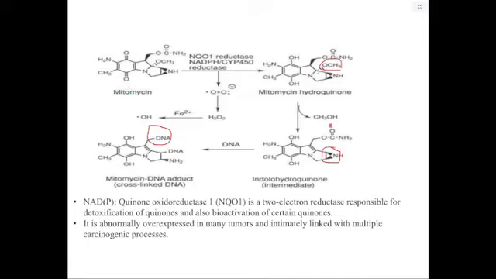It must first be activated to give us the indolohydroquinone. Again, when the NAD(P)H quinone oxidoreductase reduces the mitomycin, you can also have generation of the superoxide radical.